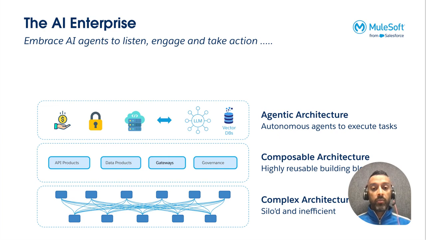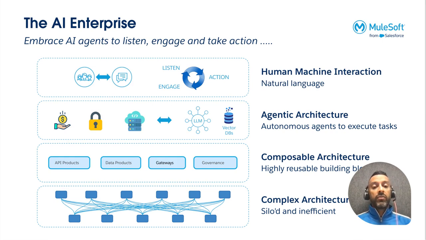They have to become composable in order to be reused, to go through a defined life cycle, and be fully under governance. And finally, once this is done, you can enable natural language integration, human-machine integration, machine-machine integration. All those things are possible, but before, you have to do the homework in terms of composability and agentic architecture, because this complex architecture is where we are heading to as of today.